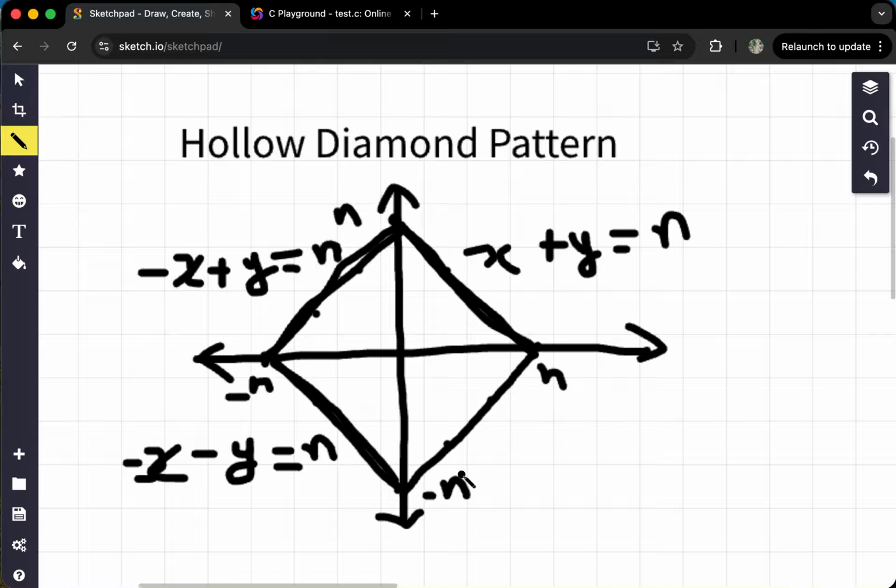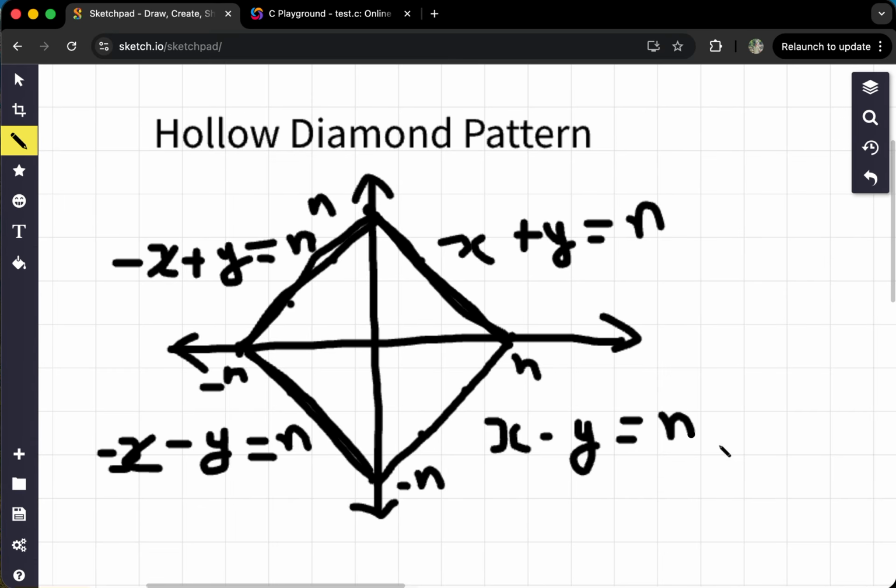Similarly, coming to the fourth line, here y coordinate is negative and x coordinate is positive. So we can write the line equation as x minus y equal to n.